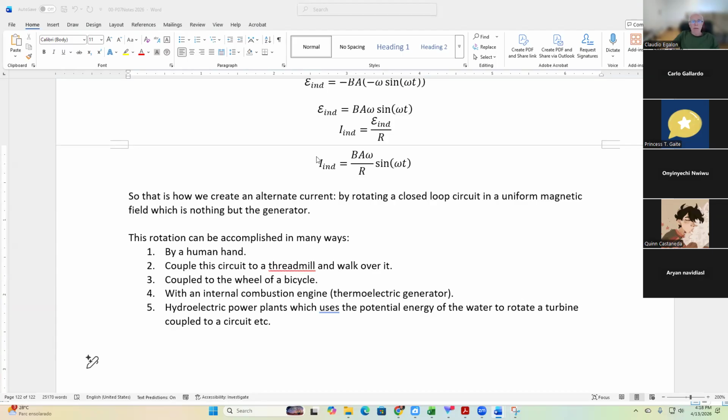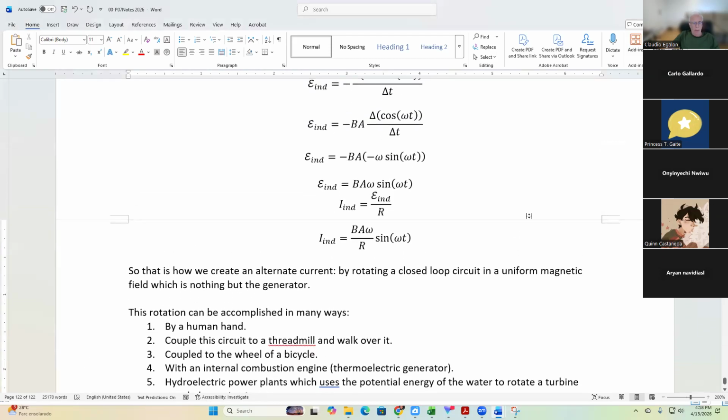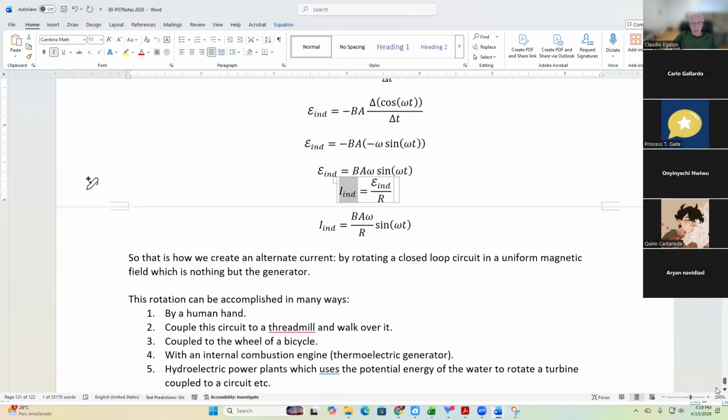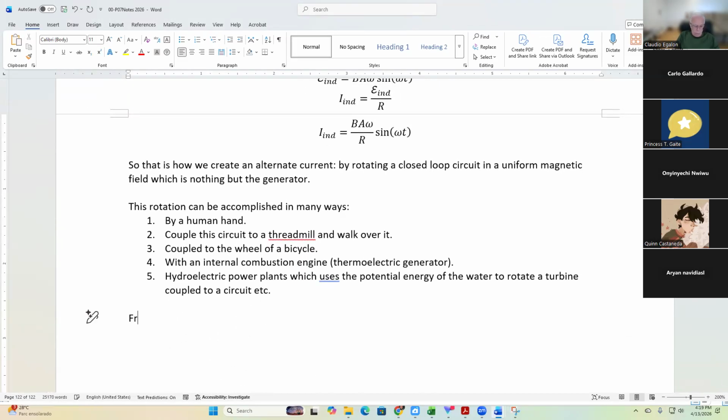Now, because our current is changing in time, we adopt a different notation for the current of the circuit. Instead of writing a capital I induced, from now on every AC current or voltage is written in lowercase.